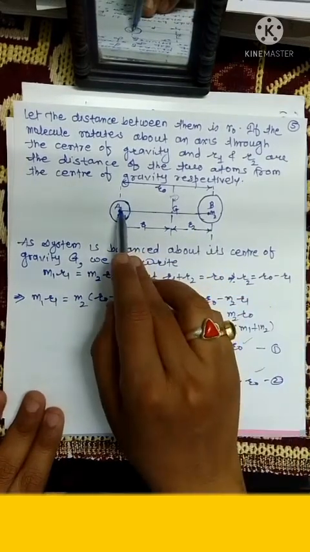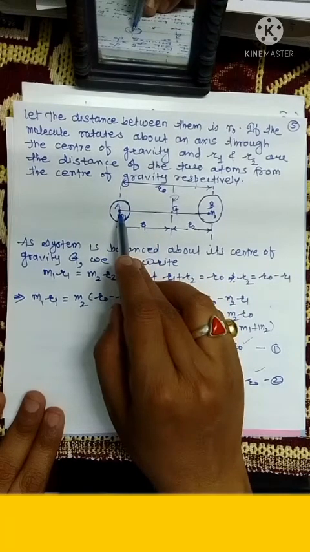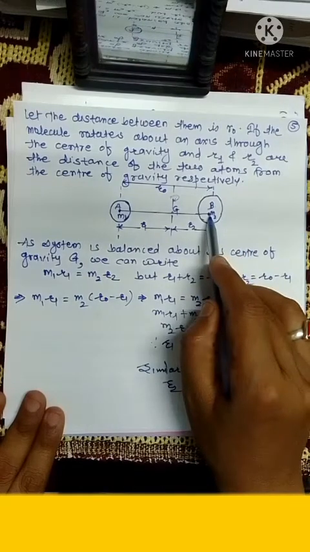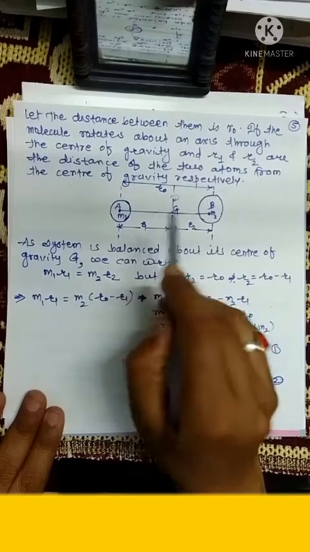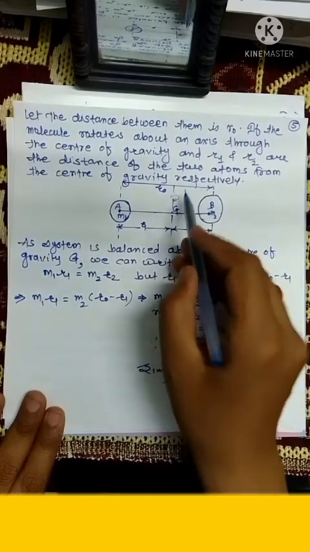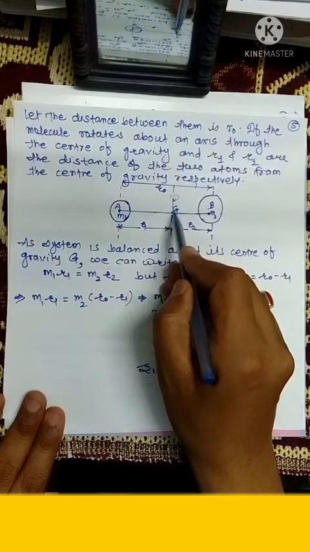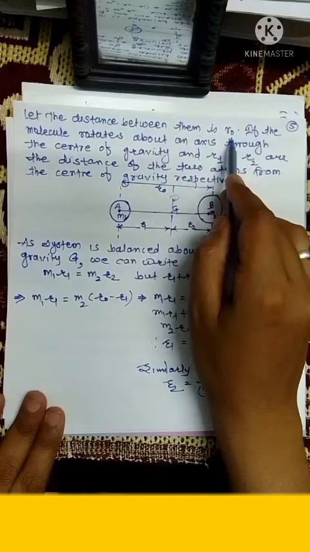The distance from center of A to center of B is equal to r0. Let the distance between them be r0.